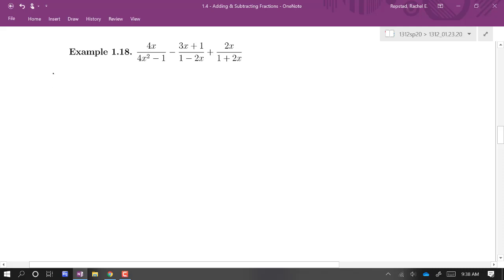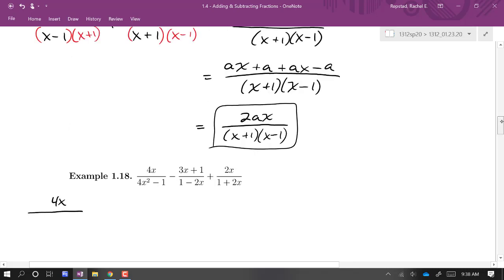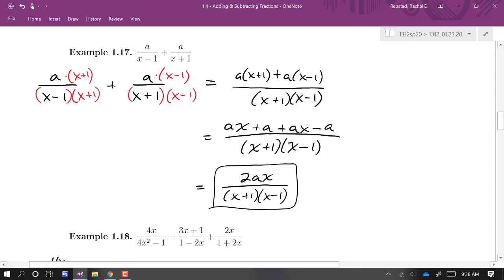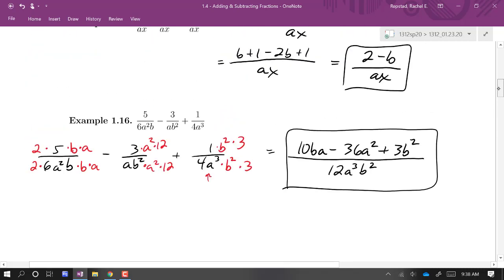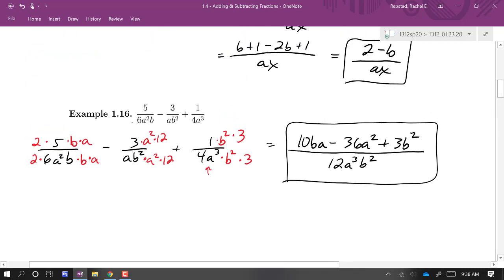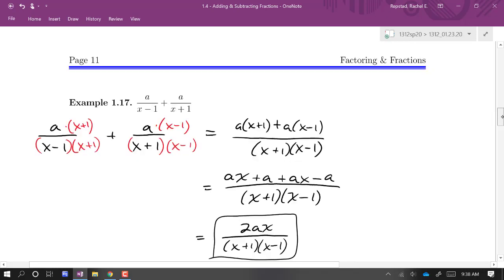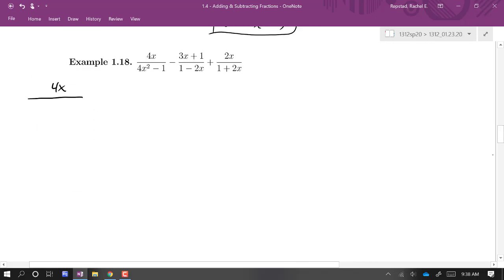All right. So I'm going to just rewrite this and give myself some space. In example 117, the one that we just did, and the one before, there was no factoring to do initially, like the denominators are already factored. But in this one, I think we can do some factoring. So I'm going to start out doing the factoring we need to do.